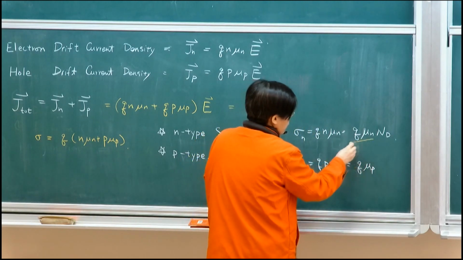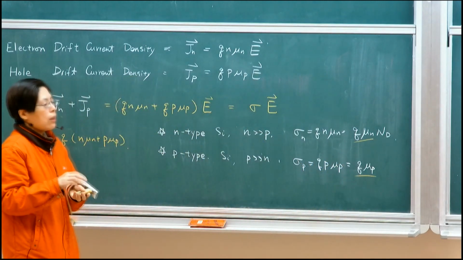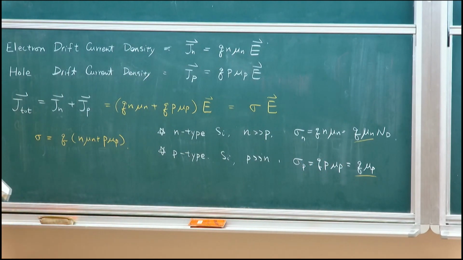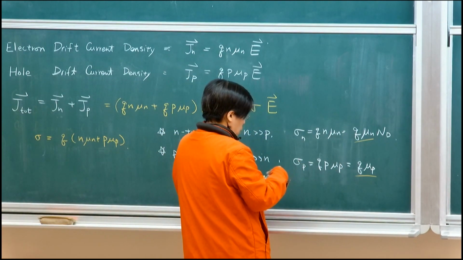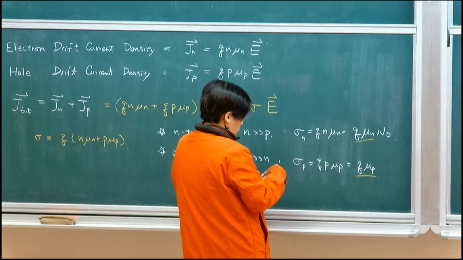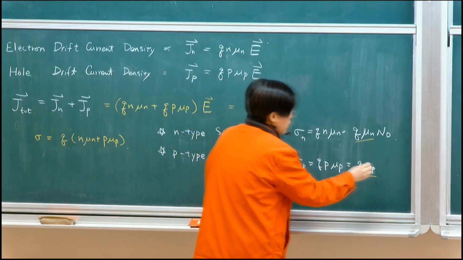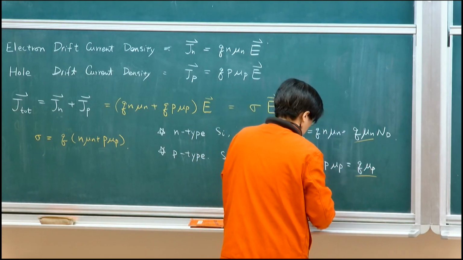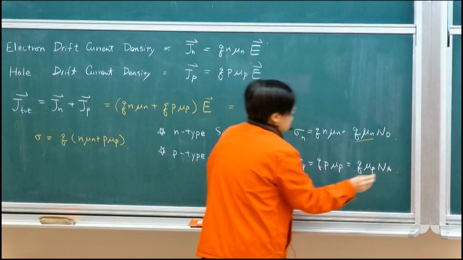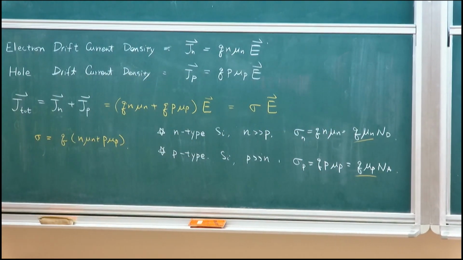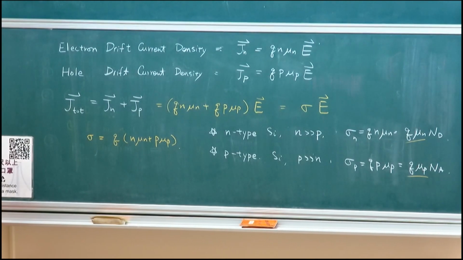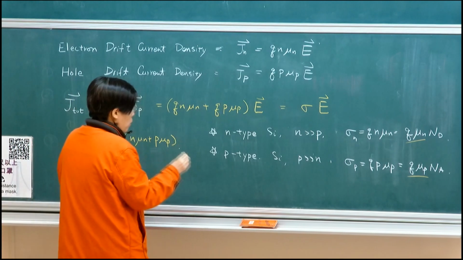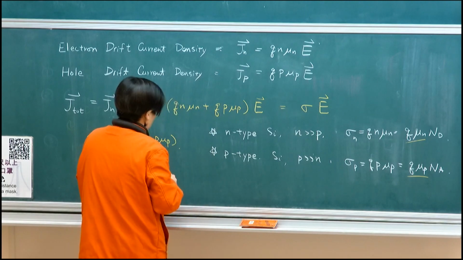Let me emphasize again, these are mostly constants. Mobility has a slight dependence on temperature. You can probably ignore that, but these are typically constants that we can use. And then it only depends on your acceptor doping concentration. So doping concentration will dominate the overall behavior, your conductivity, which is the key in controlling a material. Okay?